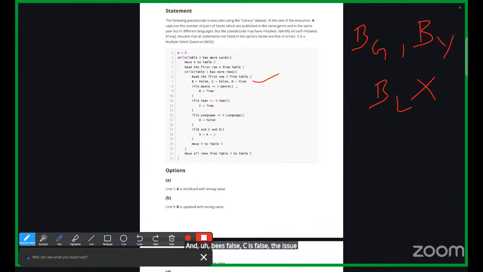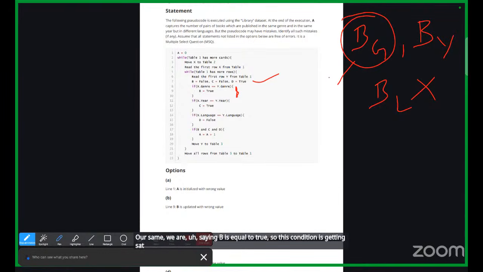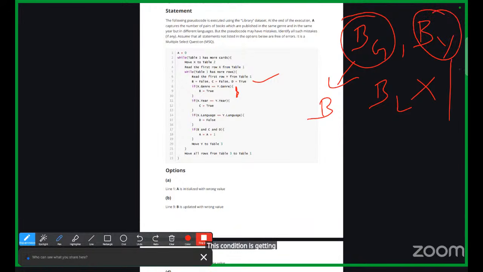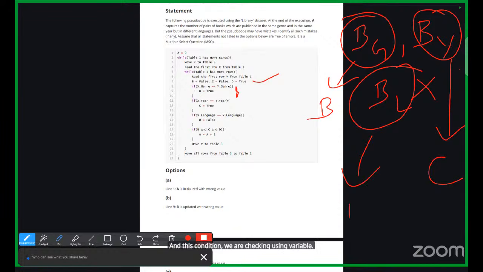If genre of both the books are same, we are saying B is equal to true. So this condition is getting satisfied using variable B. Here is for C, and this condition we are checking using variable D.